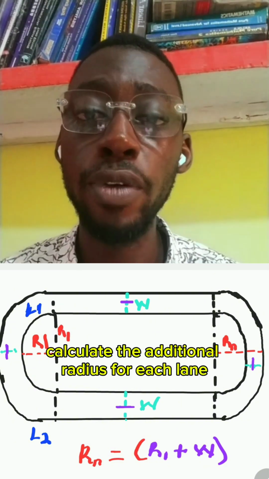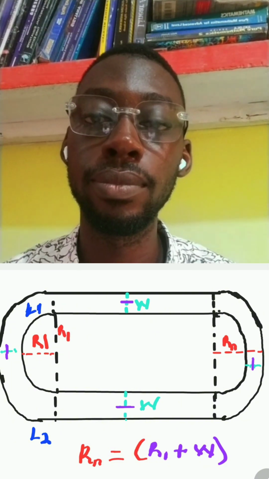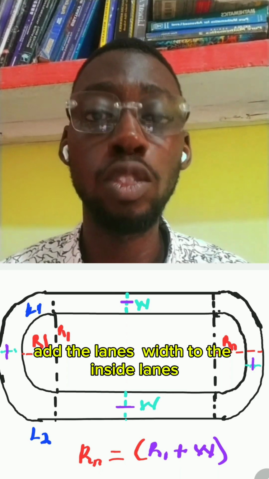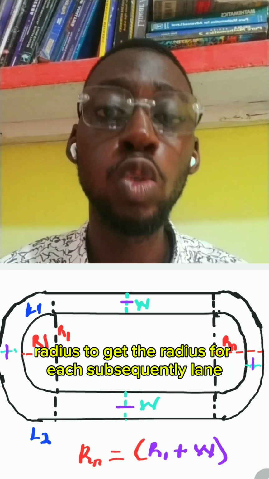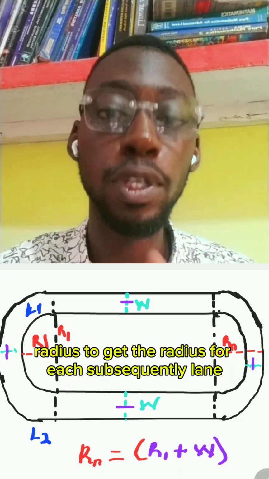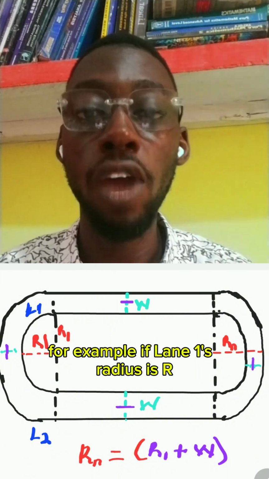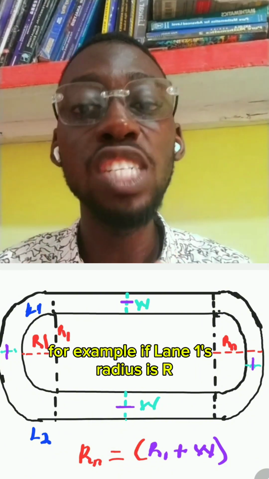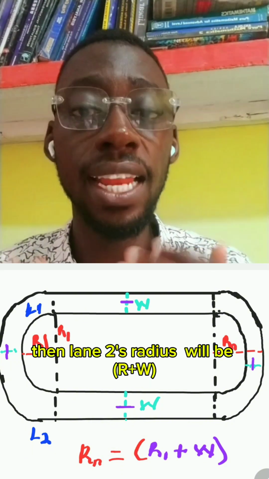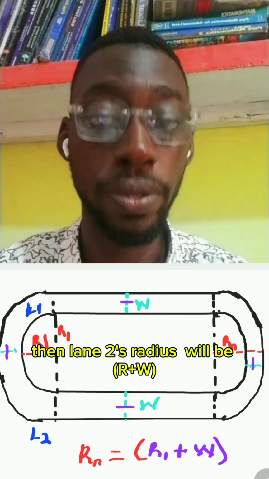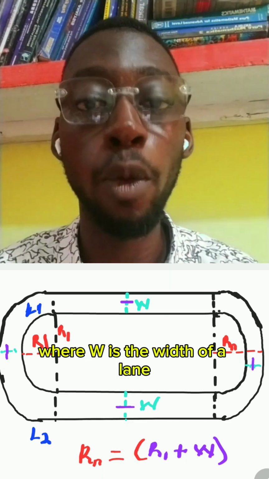Calculate the additional radius for each lane. Add the lane's width to the inside lane's radius to get the radius for each subsequent lane. For example, if lane 1's radius is R, then lane 2's radius will be R plus W, where W is the width of a lane.